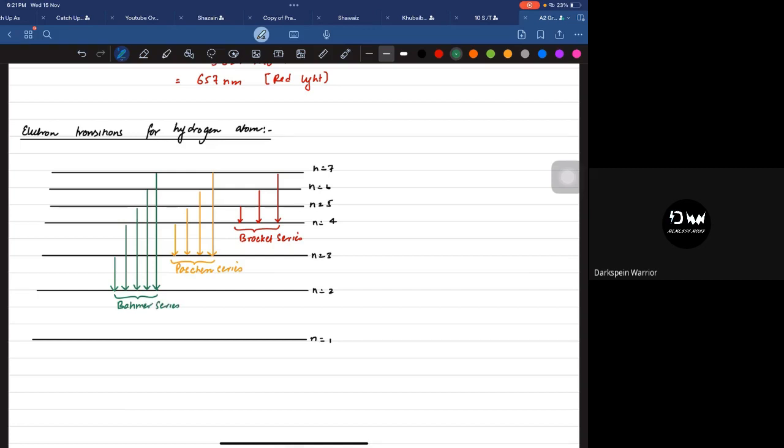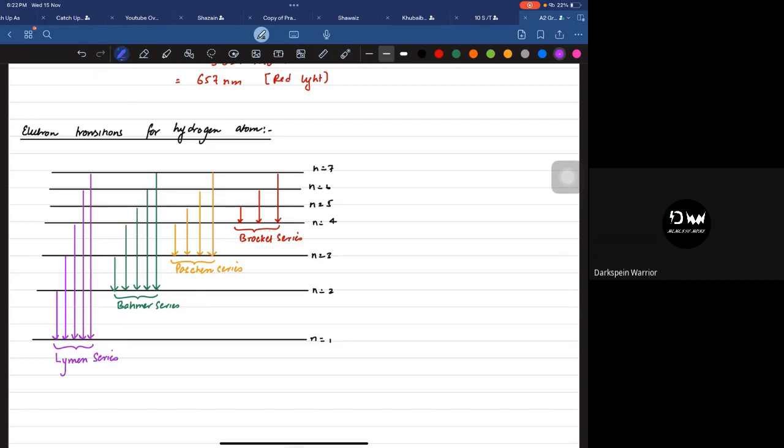And then if you have the longest possible jumps, like this is basically called the Lyman series.